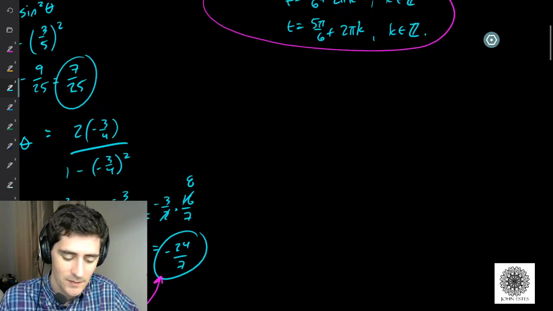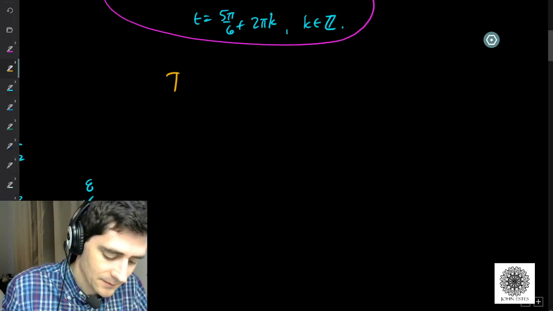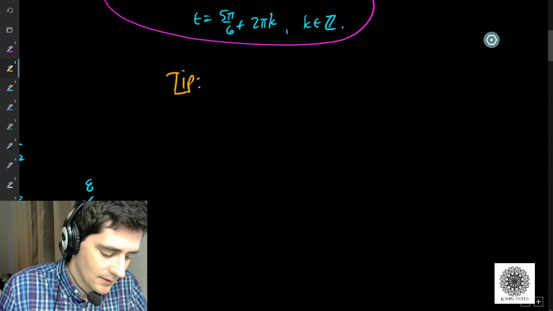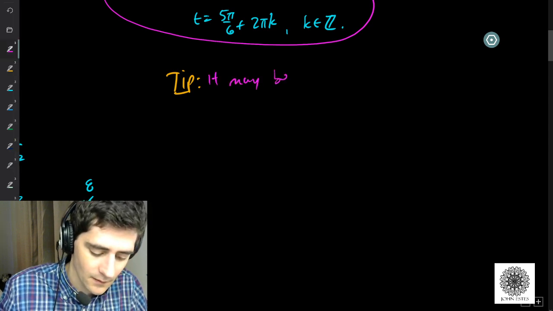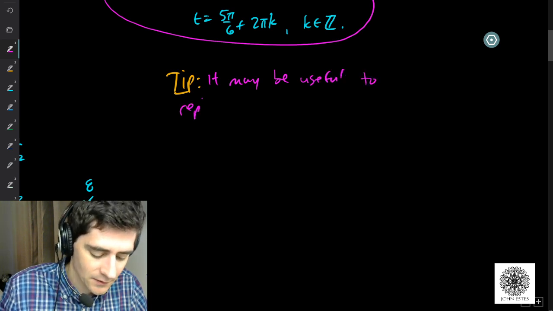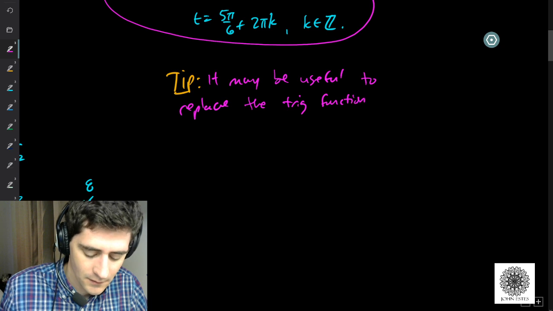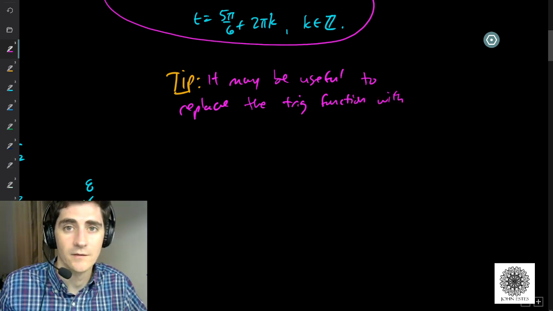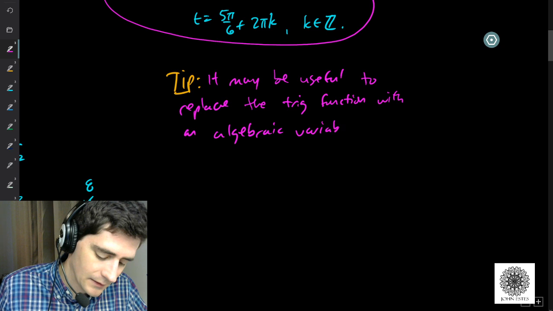So as a tip, it may be useful to replace the trig function with an algebraic variable. Why?